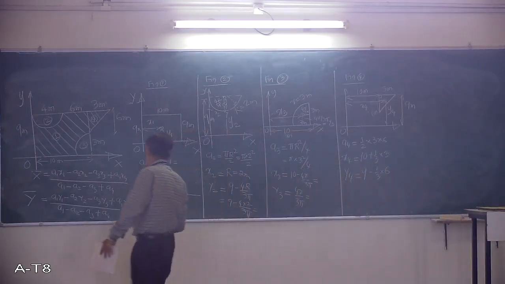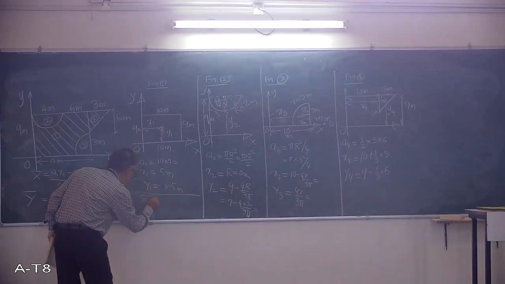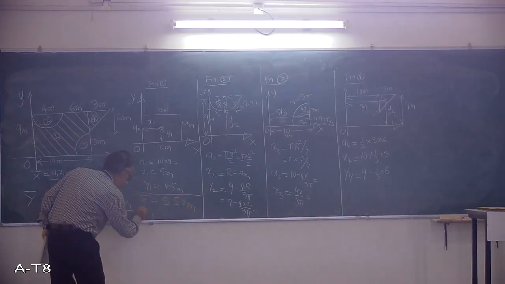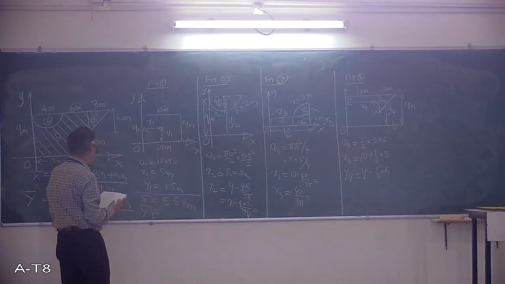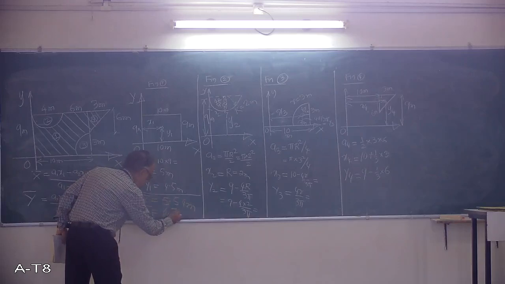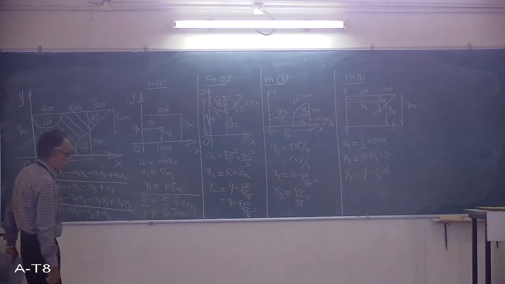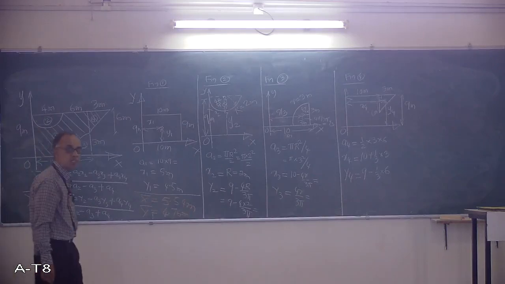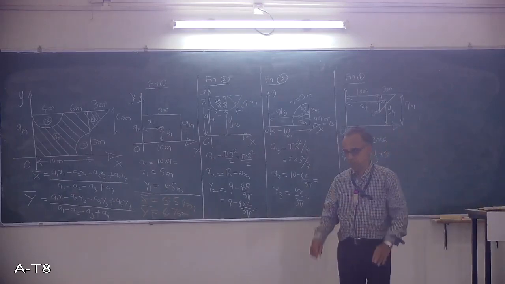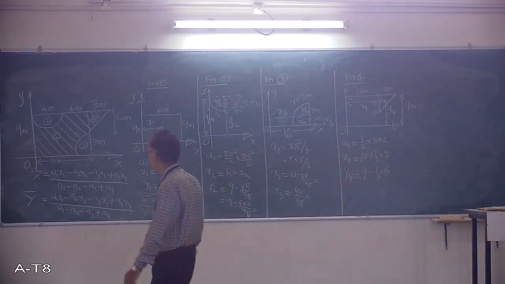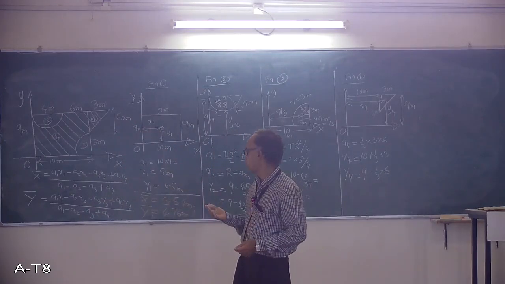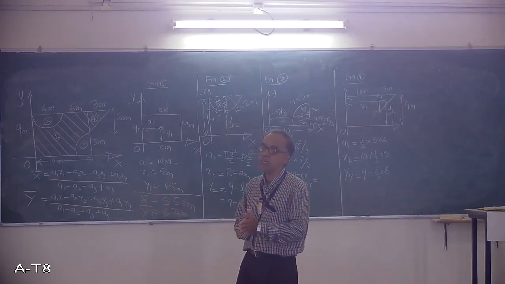X bar is equal to 5.54 meter after putting the values. Y bar is equal to 4.76 meter. That is after putting the respective values for A1 x1, A2 x2, A3 x3, A4 x4. Similarly A1 y1, A2 y2, A3 y3, A4 y4, the corresponding values. So this is the way we solve the problem.